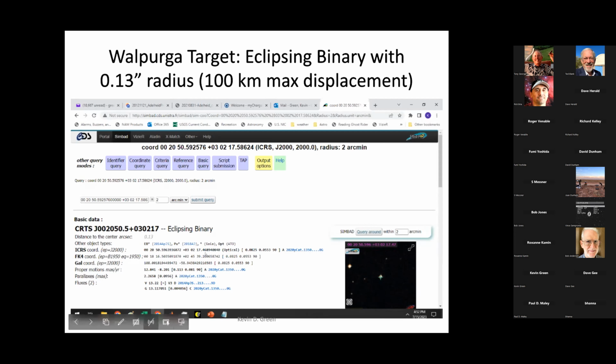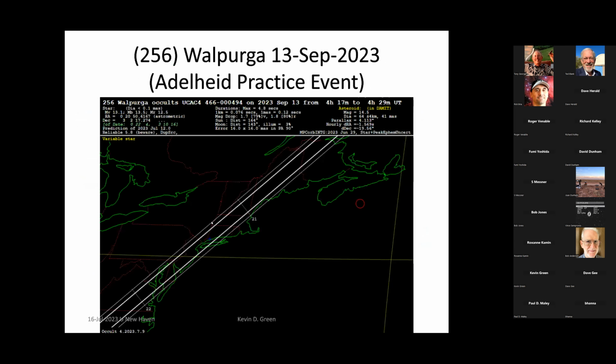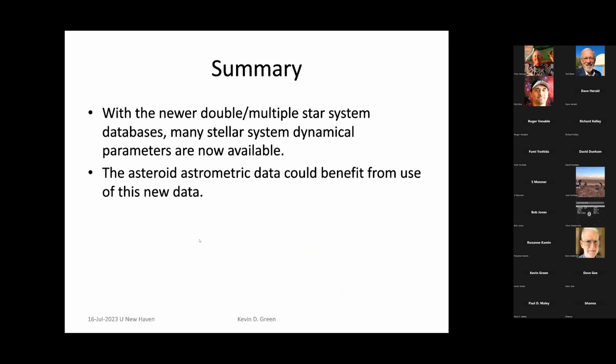Unfortunately I was not able to get in time to show what that is, but it's an eclipsing binary system with a separation of 0.13 arc seconds, which is about 100 kilometers maximum displacement for this particular event. So there should be two shadows of this particular asteroid. Exactly what the orientation of that is, I don't know. I'm hoping to figure that out before event time so that we can maybe detect both of those shadows. That's all I had on that one.